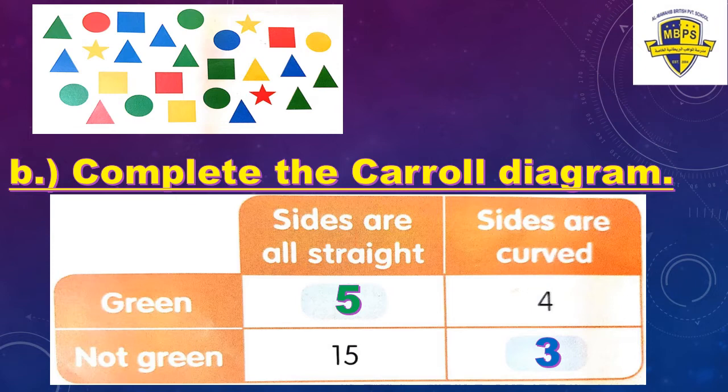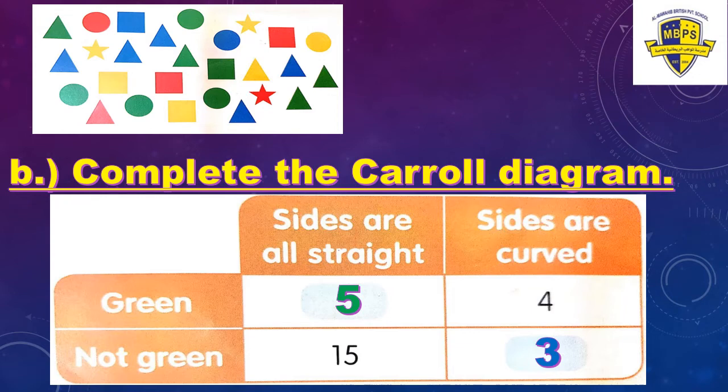Now, how many shapes are green in color and the sides are all straight? Now first tell me, which are the shapes with straight sides? Come on, keep your finger on the picture and tell me which are the shapes with straight sides. Very good. We have triangles, we have squares, and we have stars, which have straight sides.